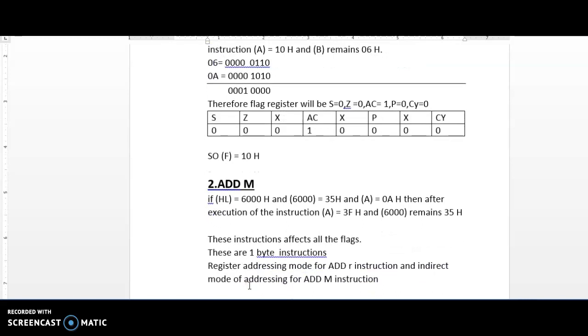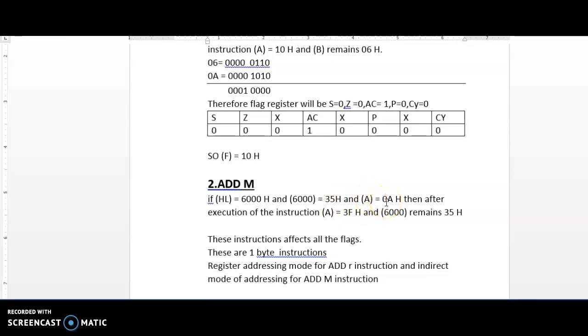Similarly, you can have ADD M instead of R. If I say M, that means the HL register has, for example, 6000, and the 6000 address has 35 in it. We are assuming this data, okay? And suppose the A register has 0A.